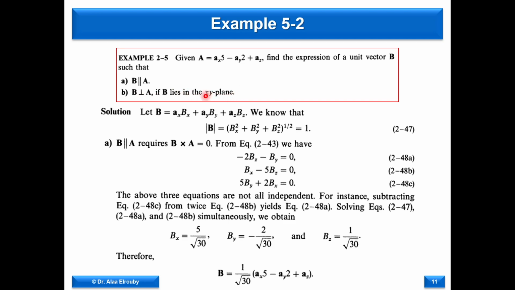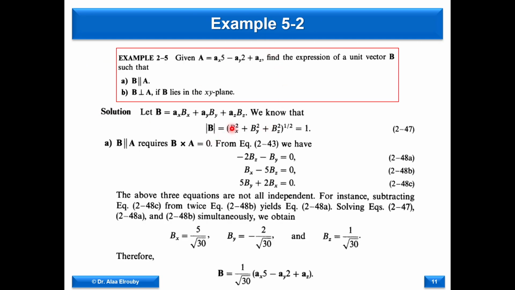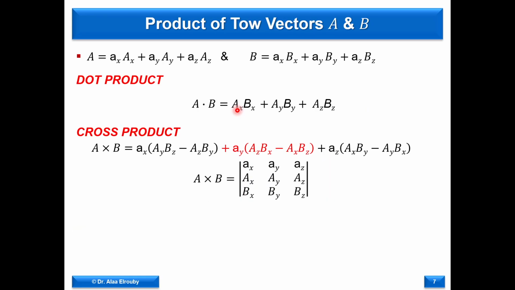So we have 3 pieces of information about vector B. If B is in the XY plane, its expression will be BX in the AX direction plus BY in the AY direction, no components in the Z direction. So we just apply these expressions, but BZ equals 0.